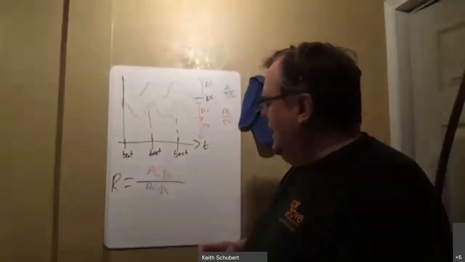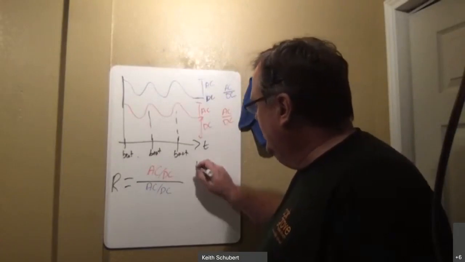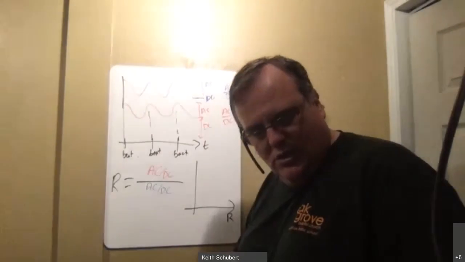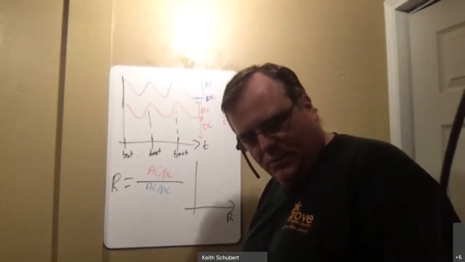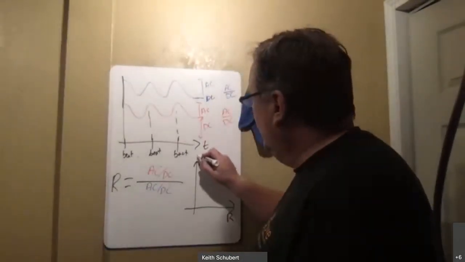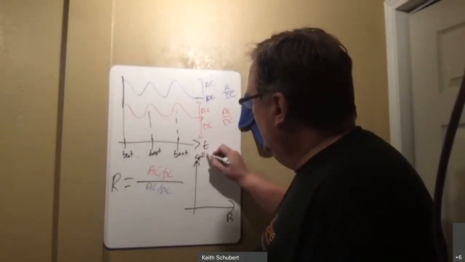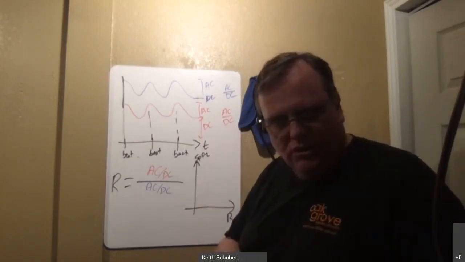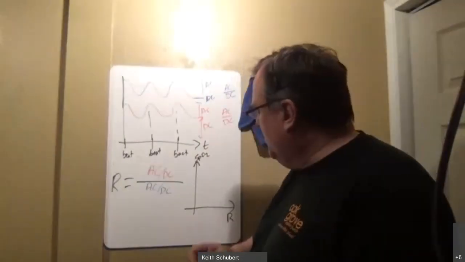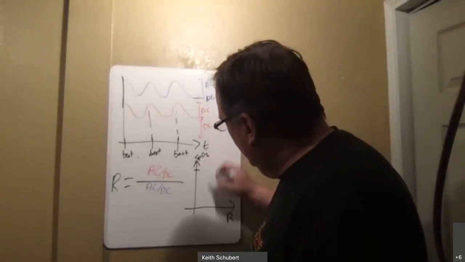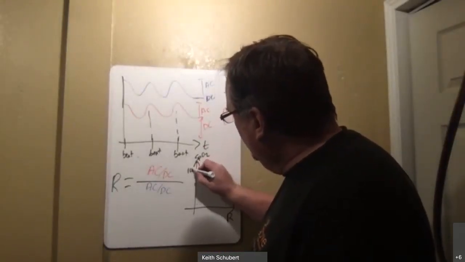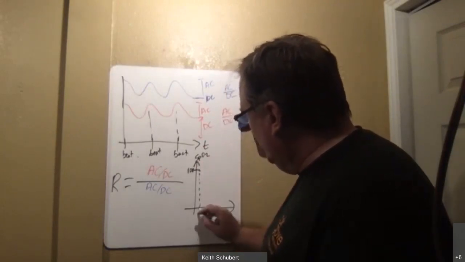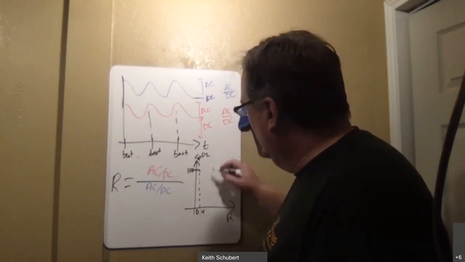Okay? Now, if we were to plot R versus SpO2, the saturation of oxygen inside of your blood, 100% oxygenation happens basically at a ratio of 0.4.